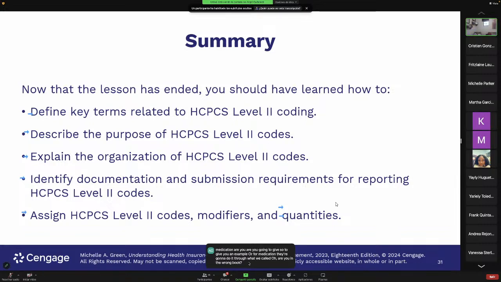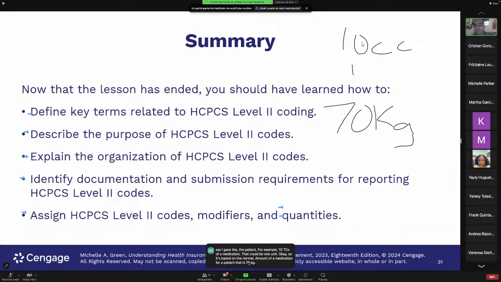Oh, I don't have it here. So it's going to be, can I show you? It's going to be units. Okay. So for example, if we say I gave the patient, for example, 10 cc's of a medication, that could be 1 unit. Okay, so it's based on the normal amount of a medication for a patient that is 70 kilograms.